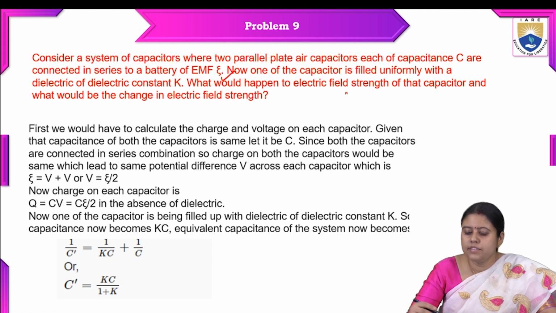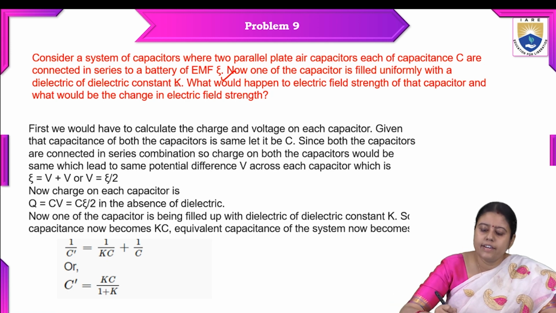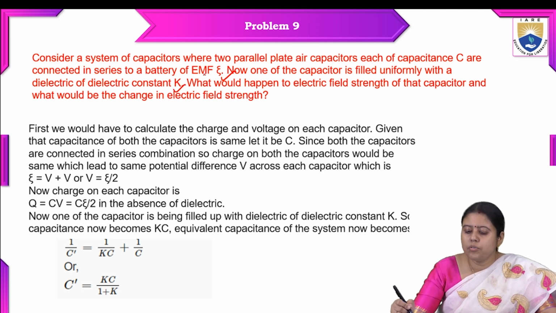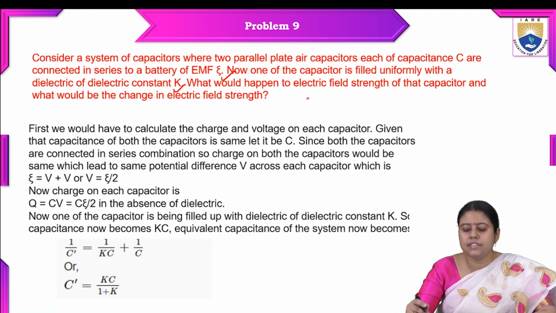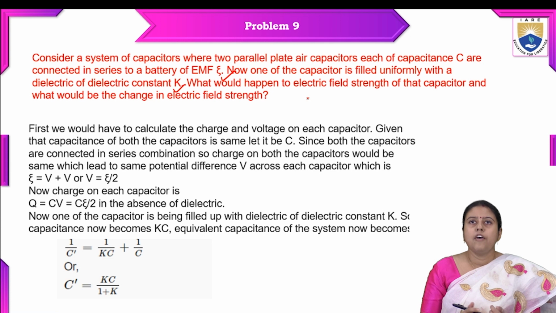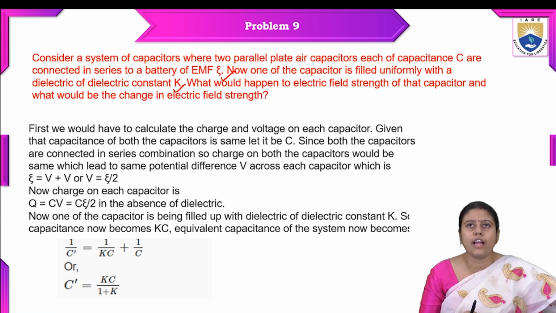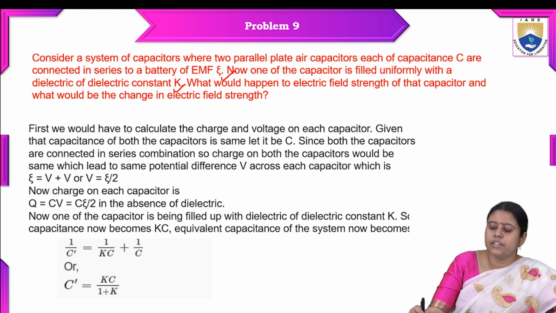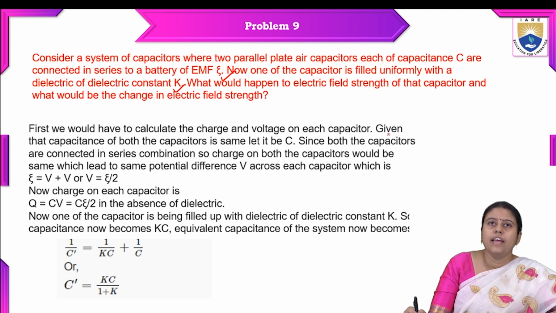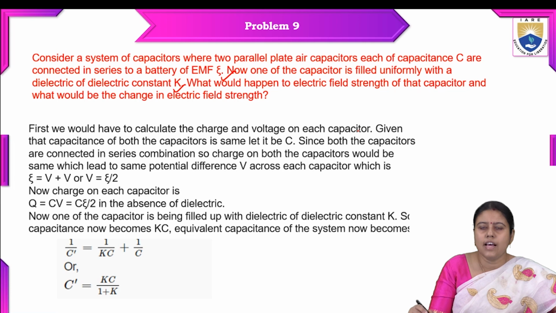Now one of the capacitors is filled uniformly with a dielectric of constant K. What will be the change in the electric field strength? First, we have to calculate the charge and voltage of each capacitor. Both capacitances are given as C.